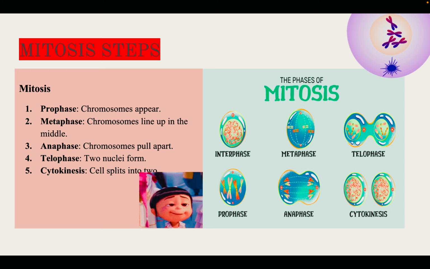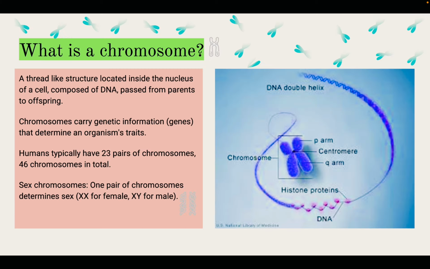And in anaphase, chromosomes are pulled apart to the opposite ends of the cell. And telophase is when the two nuclei form around the separated chromosomes. And basically, cytokinesis just means the cell splits up into two identical cells. And those are the phases of mitosis.